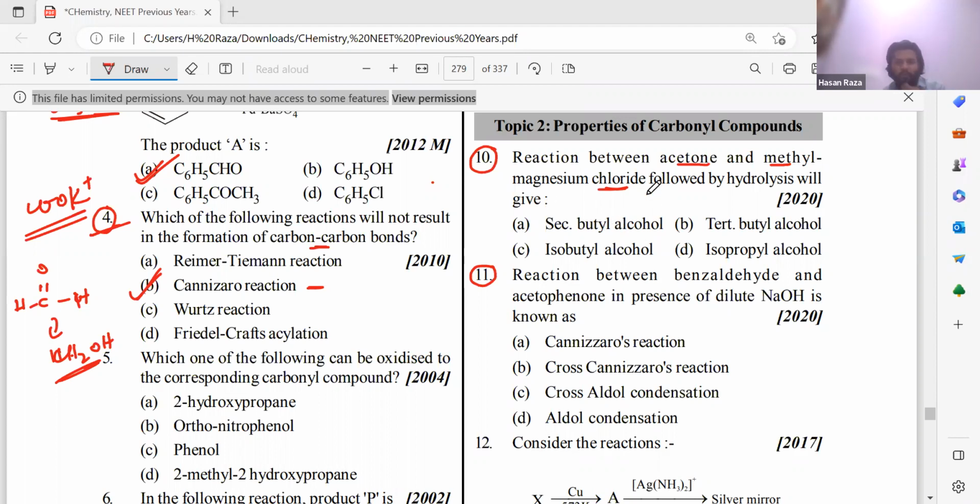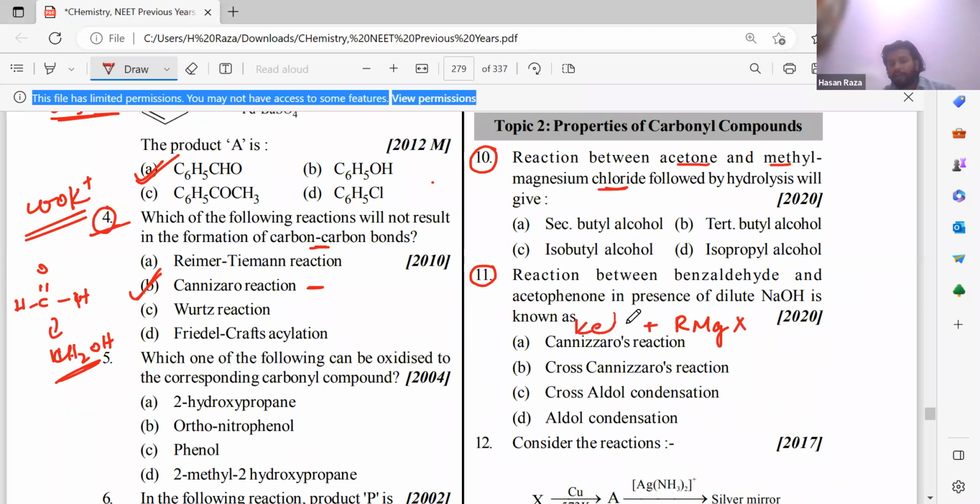So as I told you, when RMgX, that is your Grignard, reacts with ketone, it will always give you tertiary alcohol. So which one is tertiary butyl alcohol? You can see directly tertiary is there. That's why it is the answer. Is that clear?